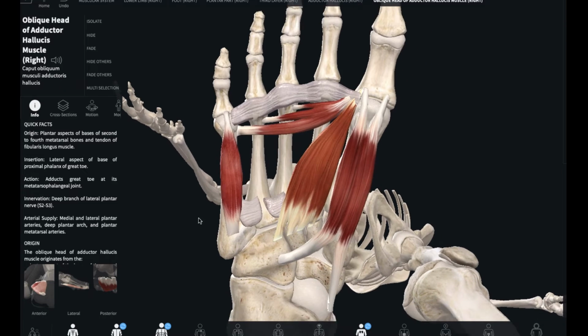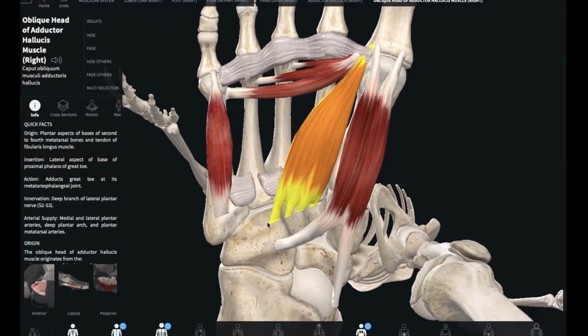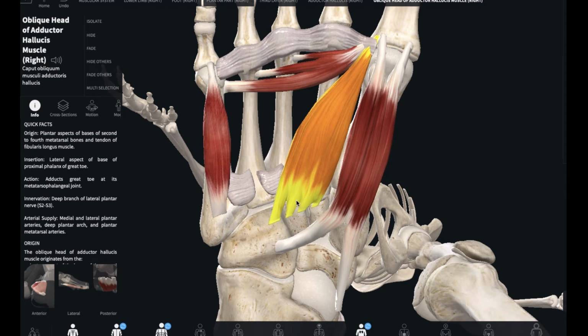Now the origin of the oblique head is on the plantar aspect of the bases of the second to fourth metatarsal bones. Oh, and the tendon of fibularis longus muscle.